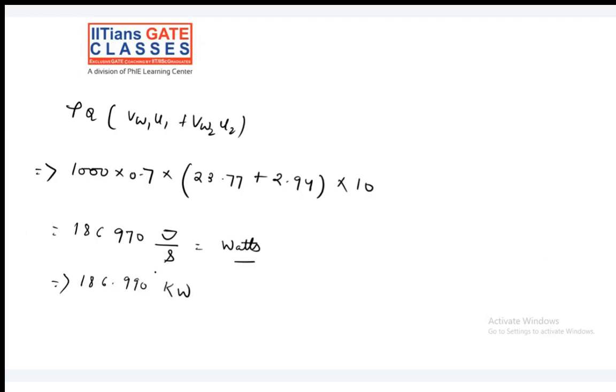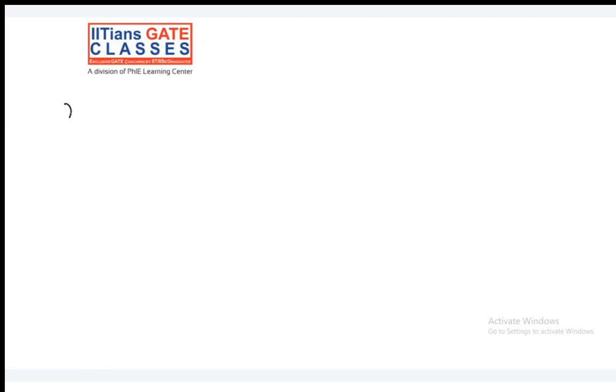And what is hydraulic efficiency? Hydraulic efficiency is nothing but, as we just derived, 2 times (VW1 plus VW2) multiplied by U upon V1 square.